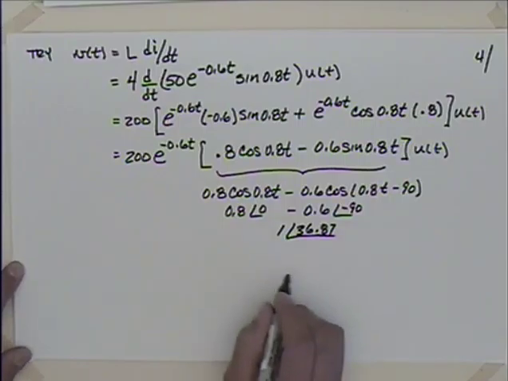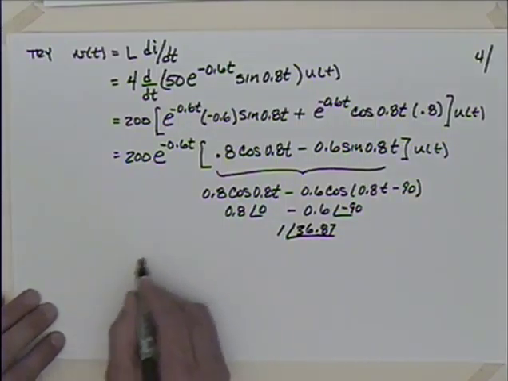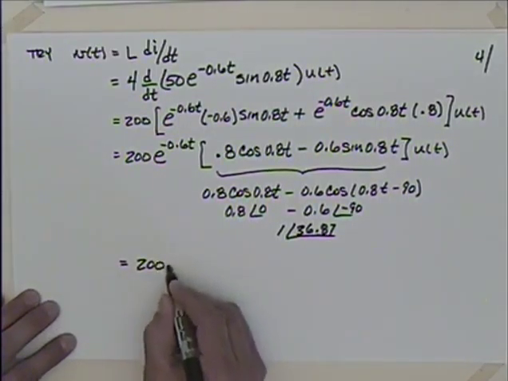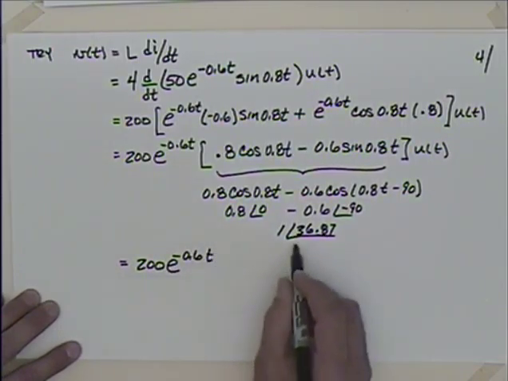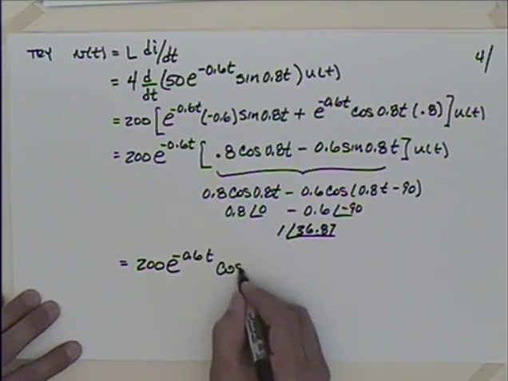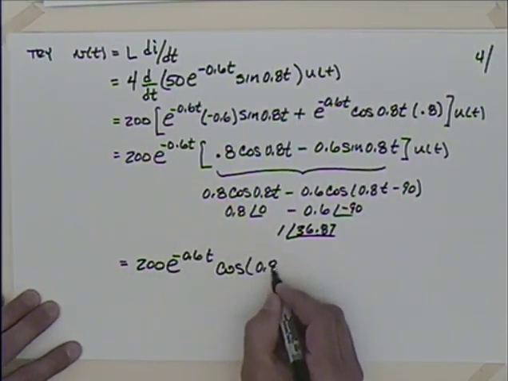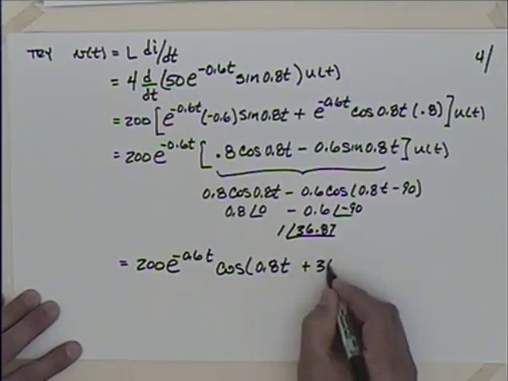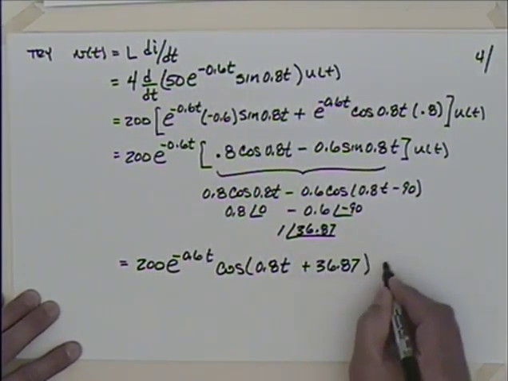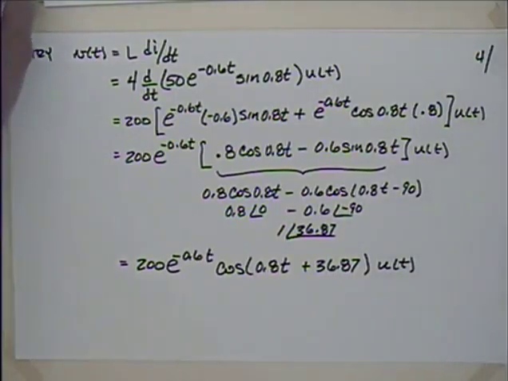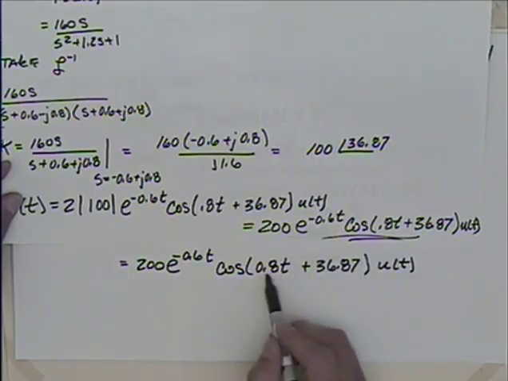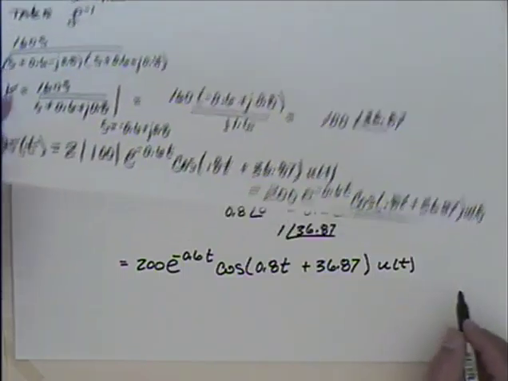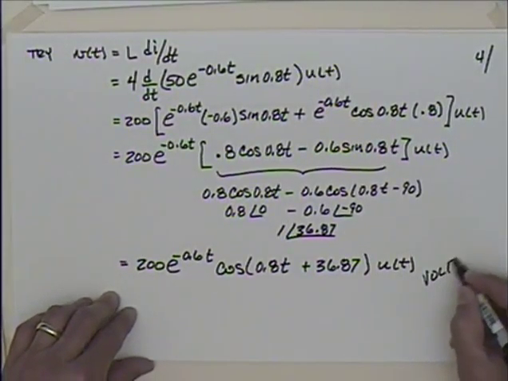I start to like numbers like that because I can put this back together then, and I have 200 e to the minus 0.6t, and then inside the brackets, if I go back into the time domain, I'm going to have the cosine of 0.8t plus 36.87 u of t. Does that look like what we got over there? Let's check that out. 200, 0.8t, yeah, exactly the same. This would be volts.